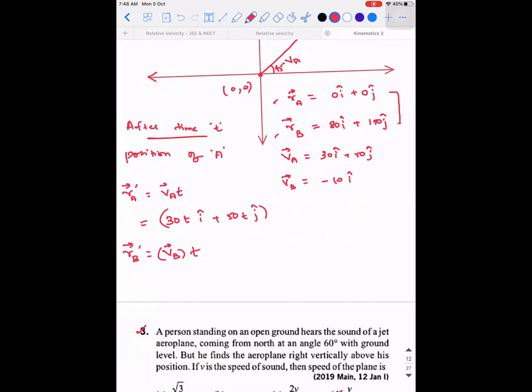Minus 10T I cap. Right? Now observe this problem. I'm purely using vectors, nothing else outside it. Now, what is the distance covered by A?